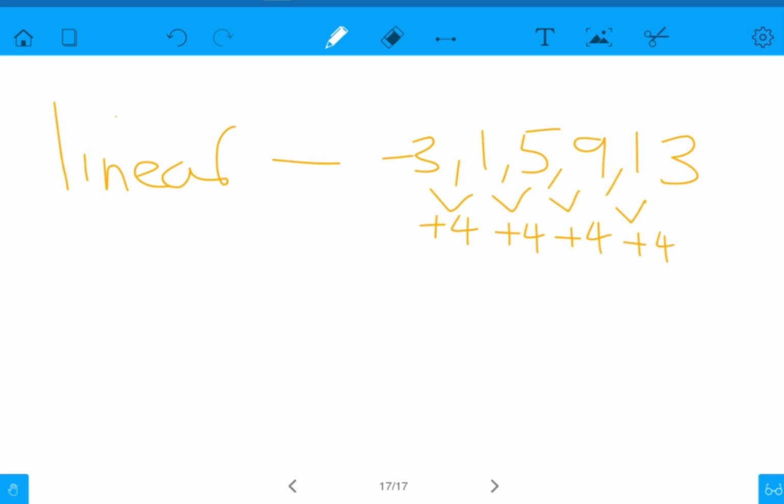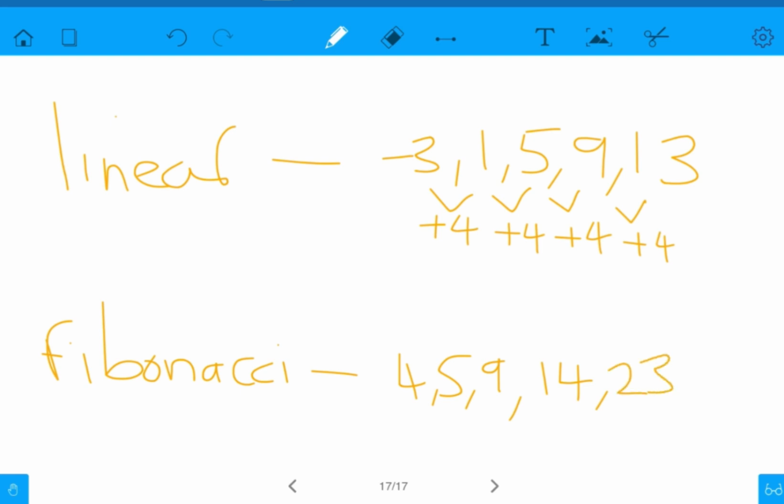And for Fibonacci, this one will be the 4, 5, 9, 14, 23 sequence, as the way the Fibonacci sequence works is that the next term is the sum of the previous two terms.